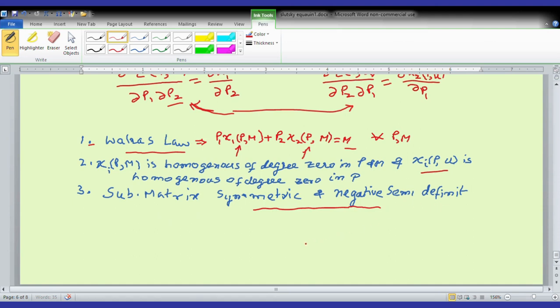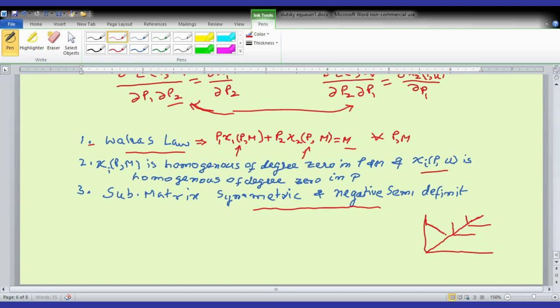It is negative definite in the case where the underlying utility function is strictly quasi-concave, and negative semi-definite means that we are allowing for the possibility that the substitution effect might be equal to 0. This is the case when the indifference curves are of Leontief type, so that there is no substitution involved.